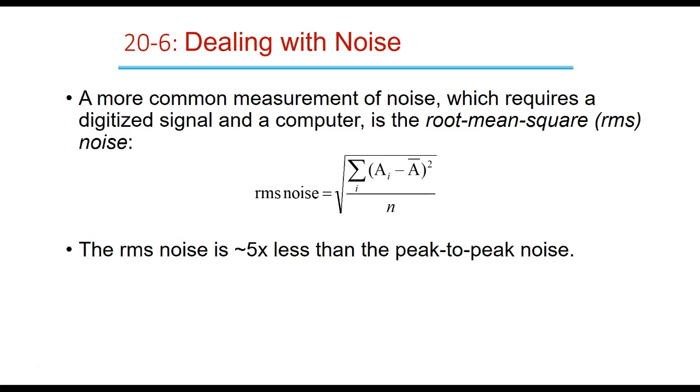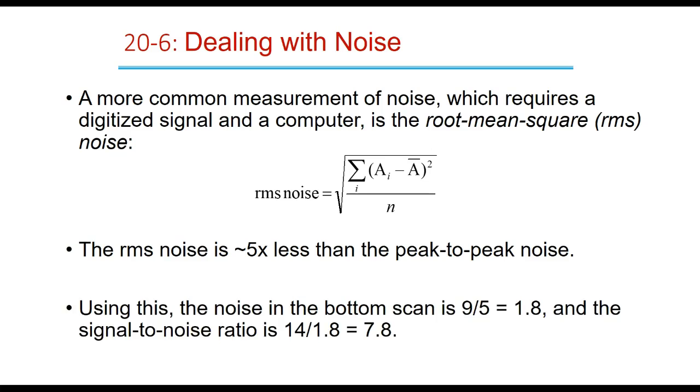Now the RMS noise is about 5 times less than the peak-to-peak noise measurement that we just did. In fact, if you look at the same data but plug it into the RMS equation, you're going to get a signal to noise of 7.8 versus the 1.8. That's madness.